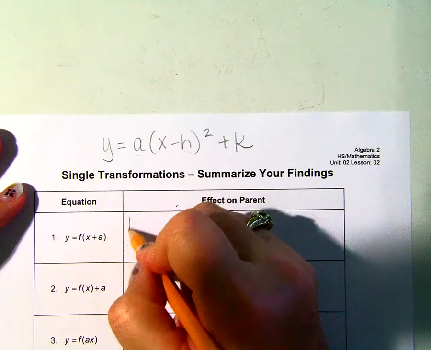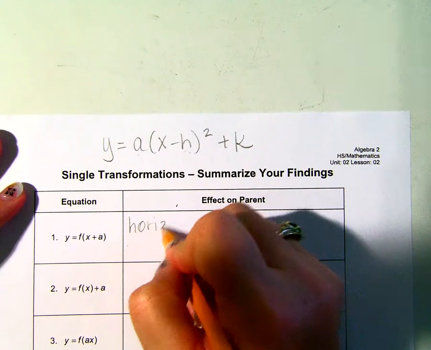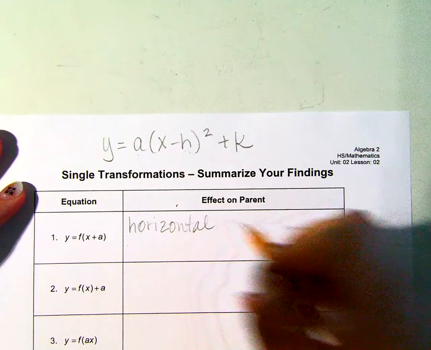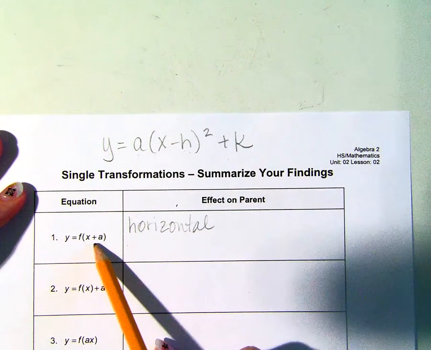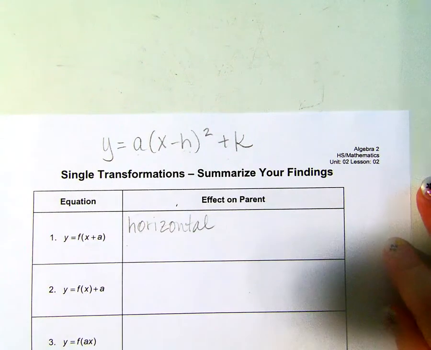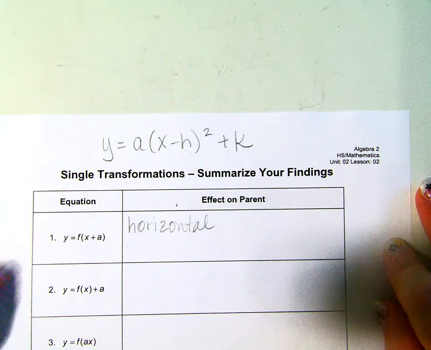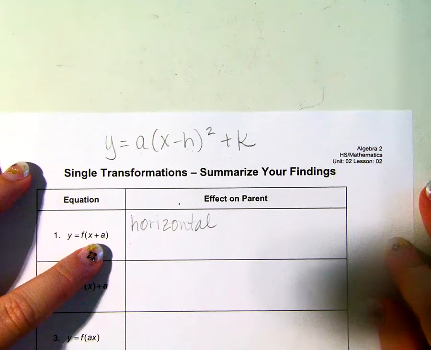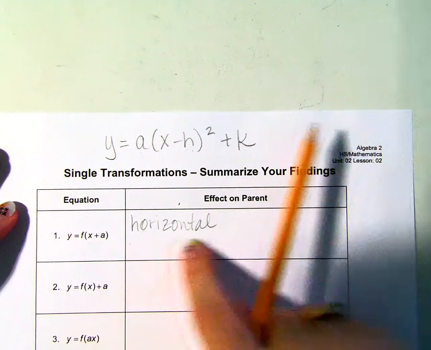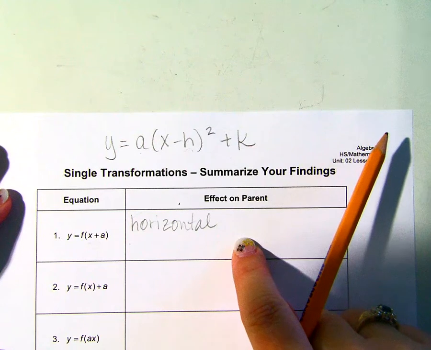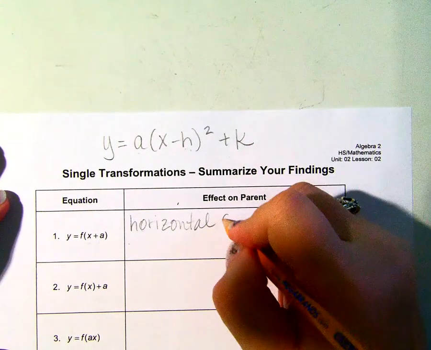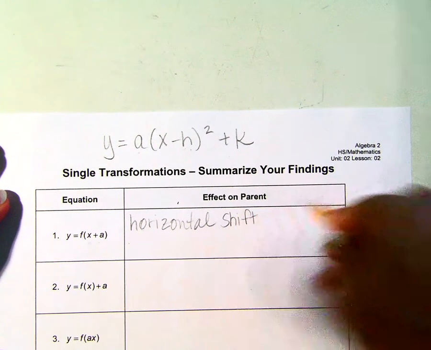Horizontally. So this is going to be a horizontal. In this particular case, this is being added or subtracted in here. So we're talking about a horizontal shift. Okay? A horizontal shift.